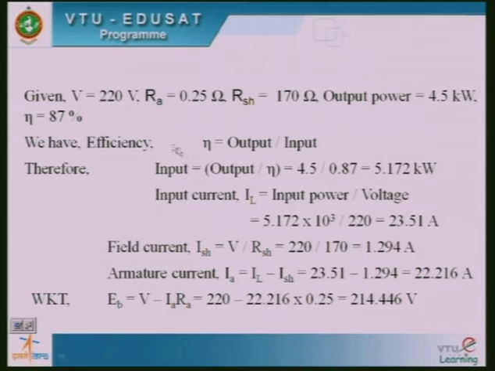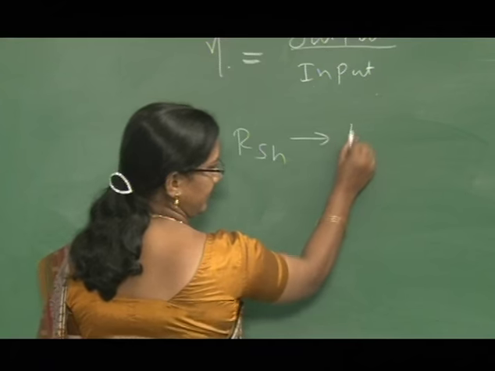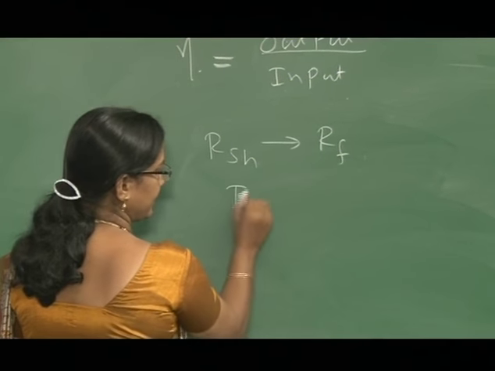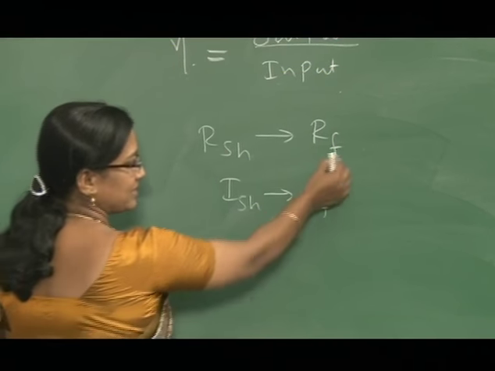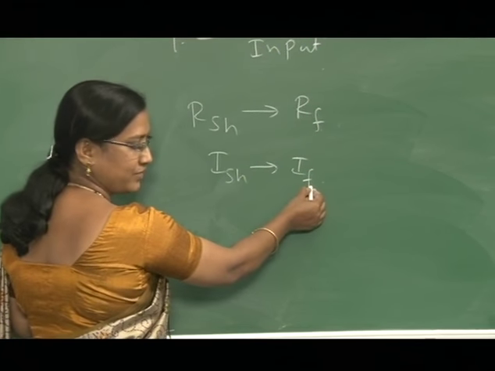So, here collect the data given: V is equal to 220 volt, RA is equal to 0.25 ohm. RSH is given, though sometimes in the problem they will mention RSH with the symbol RF, and ISH with the symbol IF. It indicates that this is the field resistance and this is the field current.